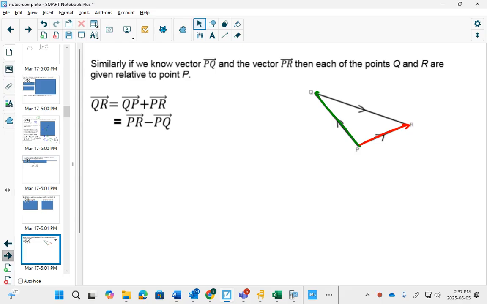Then if you wanted to go from Q to R, you could go from Q to P, and then from P to R. Does that make sense that you started at Q and you would end up at R? So vectors work this way. You can always go from one point to another point and that point to the final point. And that's the same as just going there directly.